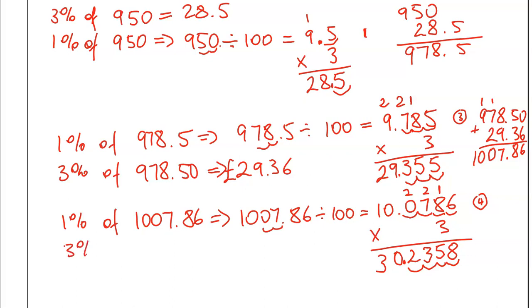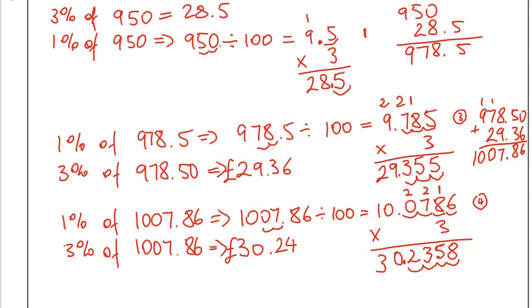So 3% of 1007.86 is £30, and let's just round this now. Looking at the 5, that means we're going to round this to £30.24 because of the 5 next to it.